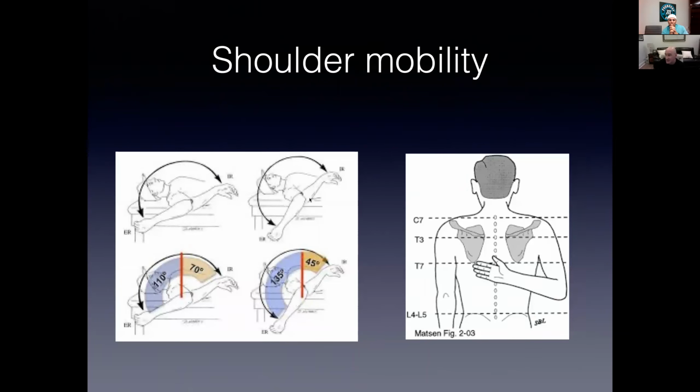And I'll demonstrate: if you get the arm in a neutral position, have them go back and take a picture, and then have them come forward. It's easier if you're lying down, but you can do it standing up as well. Or you can just video the athlete with your phone and take those pictures.